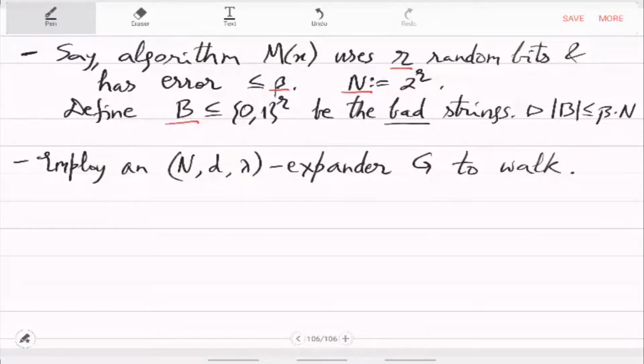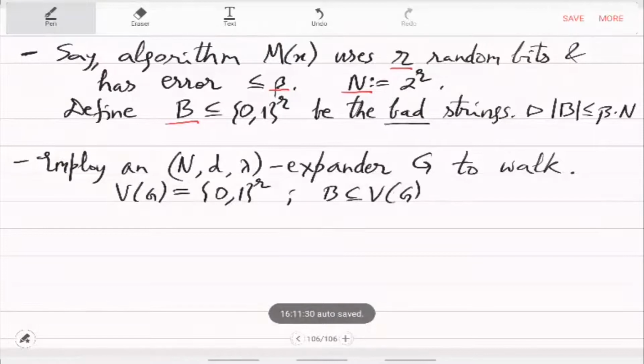Okay, so we are thinking of the vertices as {0,1}^r strings and B are the bad vertices.